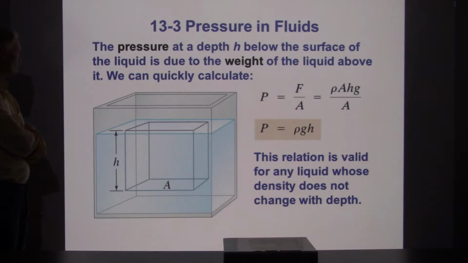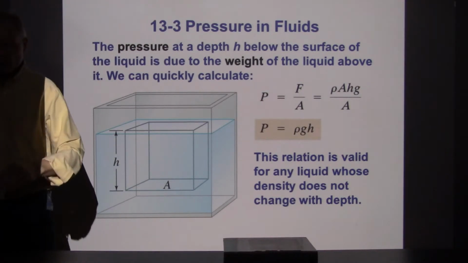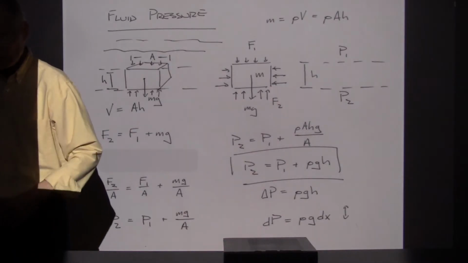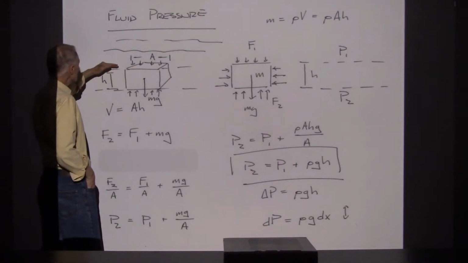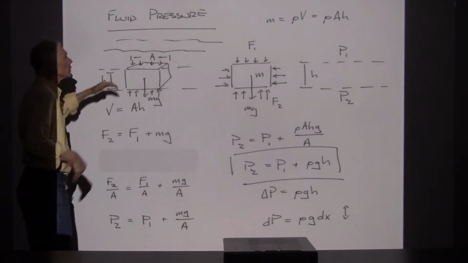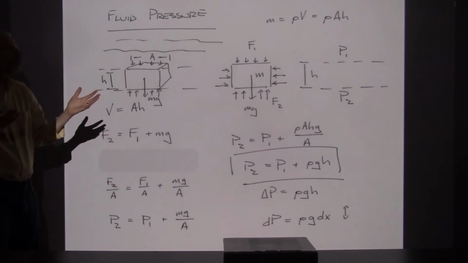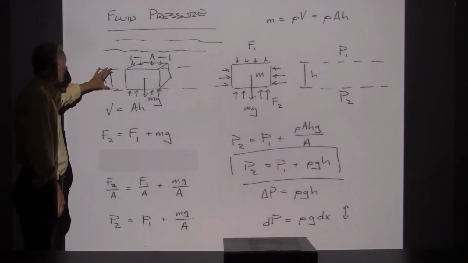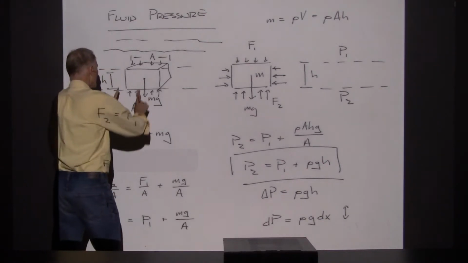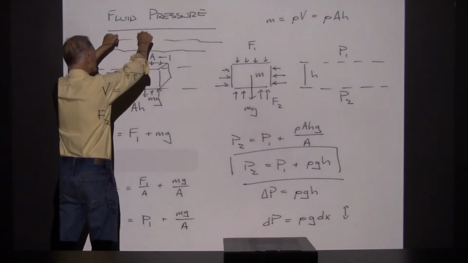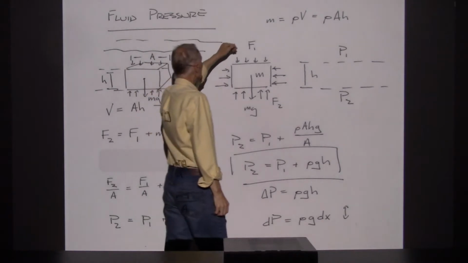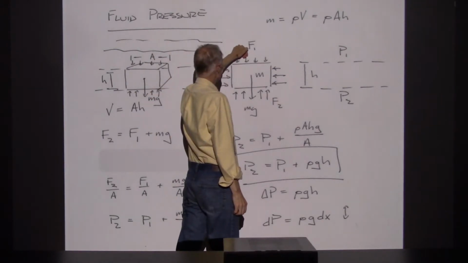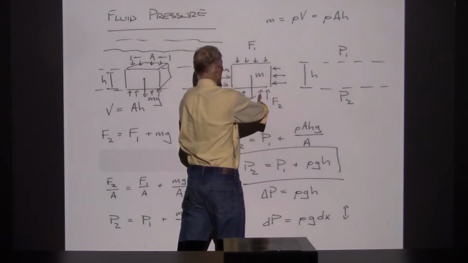So, all right, let's see how this formula comes about. So if we take, now it doesn't have to be water at the surface, let's just pick two different elevations within the fluid, and it doesn't have to be water. But so here is a depth into some fluid. Now there's pressure from below, there's pressure from above, and those pressures are going to generate forces from above and forces from below.